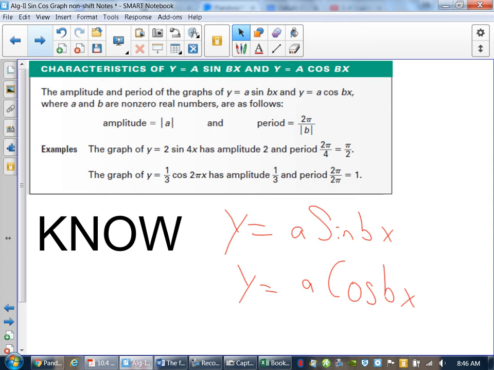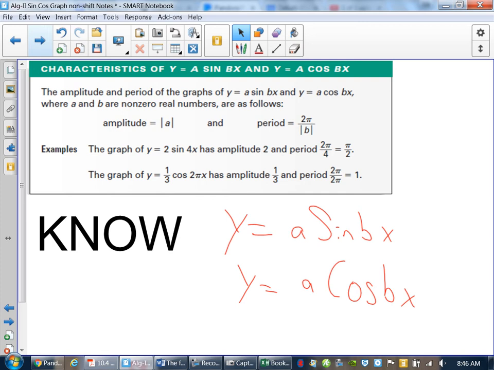So, here's what happens. You have y equals a sine b of x and y equals a cosine b of x. This value of a is what you call your amplitude. What that means is how high up or how low it goes. It tells you direction. If a is positive, sine starts at 0 and goes up. If a is negative, sine starts at 0 and goes down.